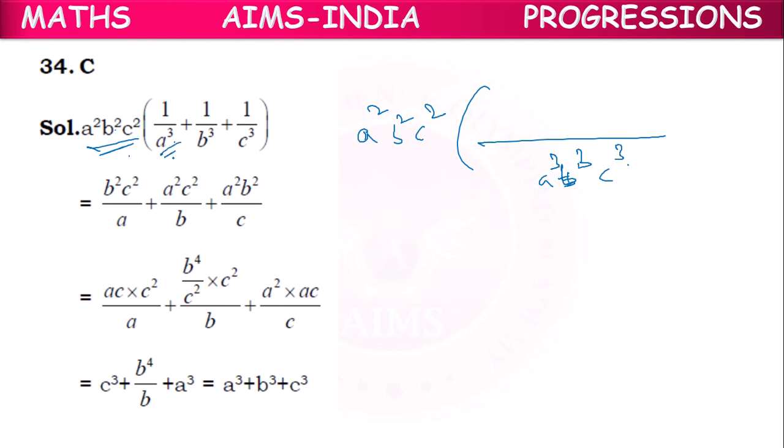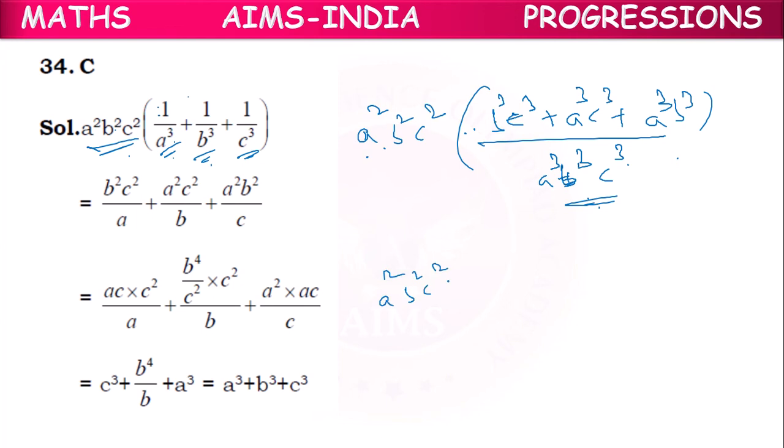Here we have A cube, so remaining B cube, C cube is there, into 1, B cube C cube we will get. Here we have B cube, so here we will get A cube, C cube. Here we have C cube, we will get A cube, B cube. If we multiply with this, it will become A square, B square, C square into B cube, C cube by A cube, B cube, C cube.